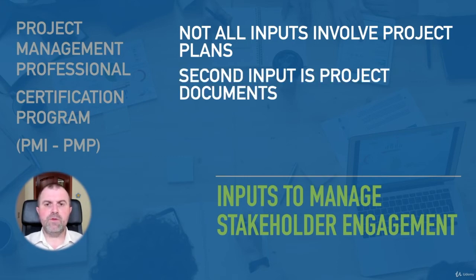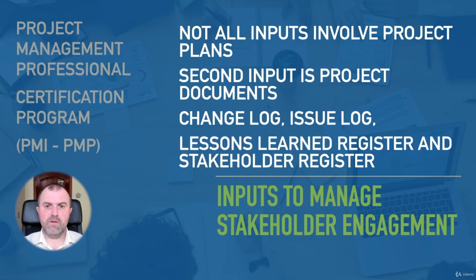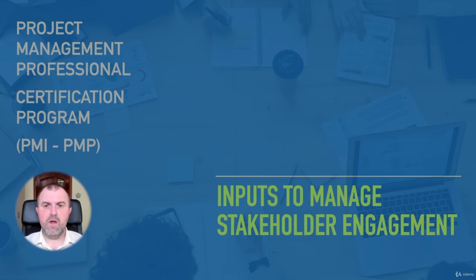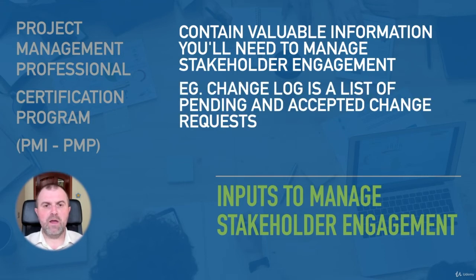The second input is project documents. This includes the change log, issue log, lessons learned register, and the stakeholder register, which all contain valuable information that you will need to manage stakeholder engagement. For example, the project change log is a list of pending and accepted change requests.